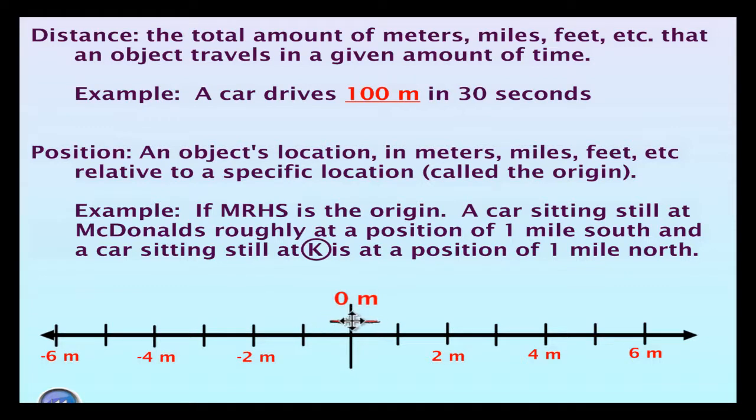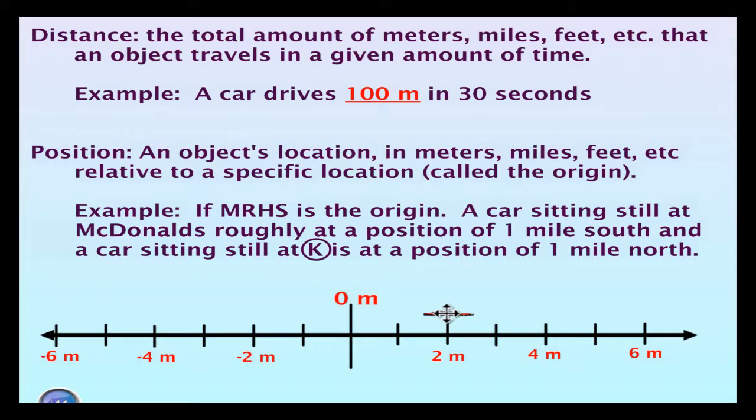If I start at the origin, go to 6 meters, go back to 0 meters, my change in position would be 0, because I ended where I began. Or if I start at 0 meters, go out to 6 meters, and come back to 2 meters, my overall change in position is only 2 meters.